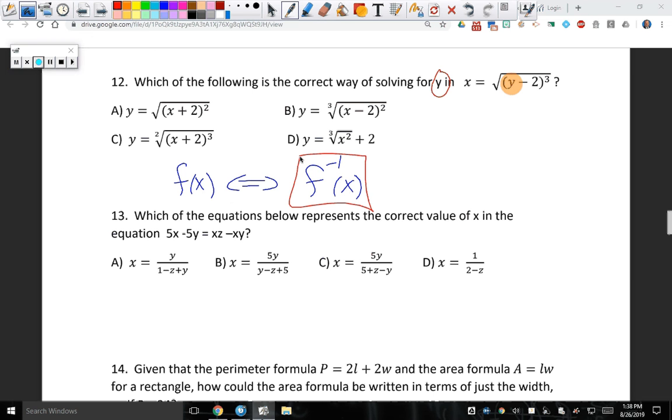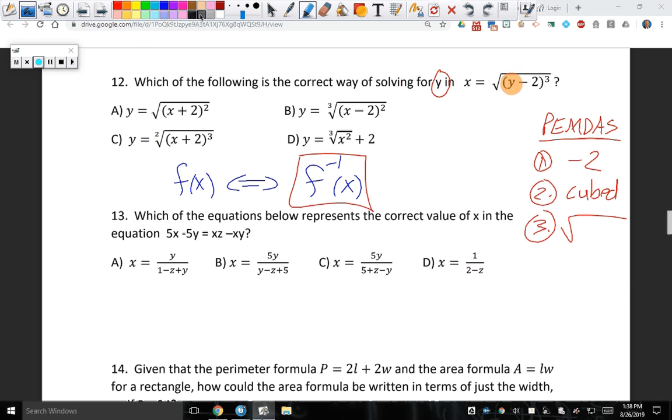If you're y in normal PEMDAS, what's done to you first? Minus 2. Then, y minus 2 is your running answer. What's done to you after that? You're cubed. Then what's done to you after that? You're square rooted. So a fast way to do this, and you would do this all in your head per se, is to do the backwards opposite operation here, here, and here.